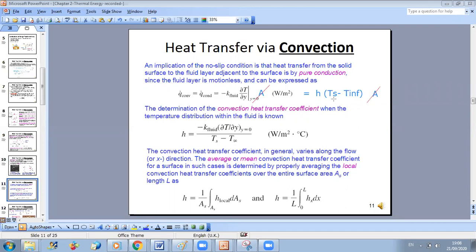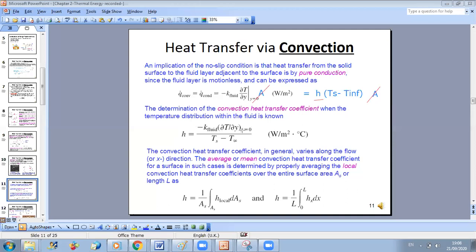And due to this equality, you can compute what is h. So h is simply minus k of the fluid times del T by del y at the surface over Ts minus T infinity. But as you can see from this expression, in order to compute h, you need to know the gradient of temperature at the surface. And this can be measured in experiments. This is why you need experiments to find convective coefficients.